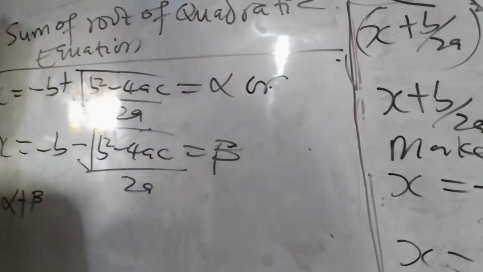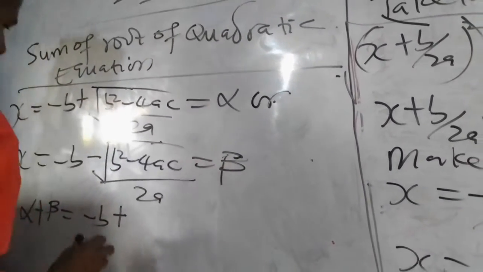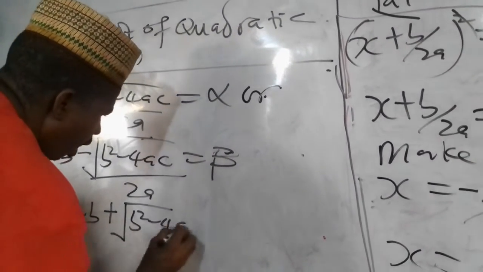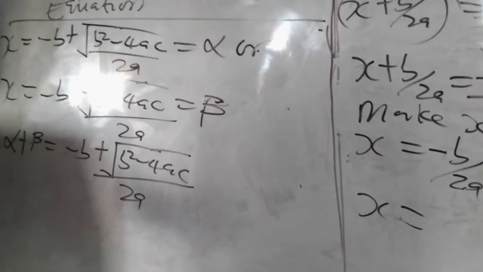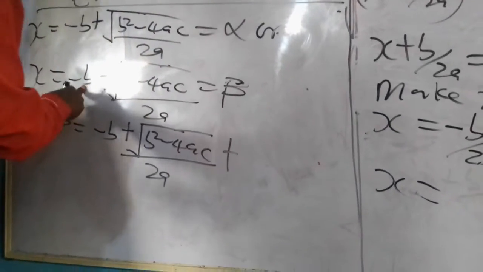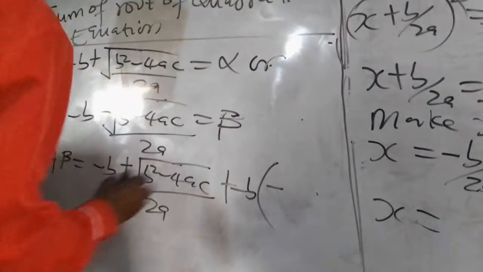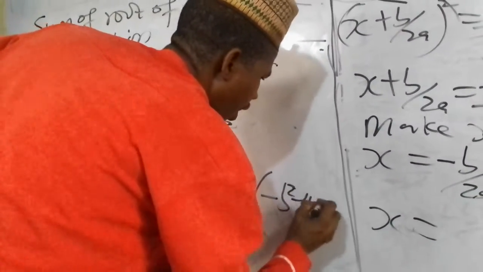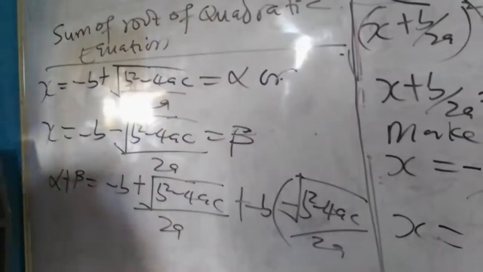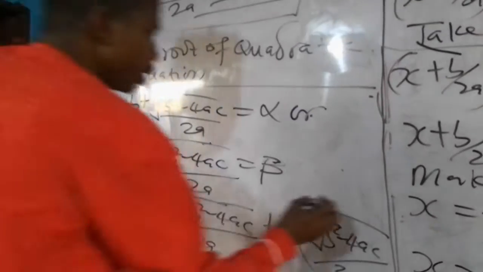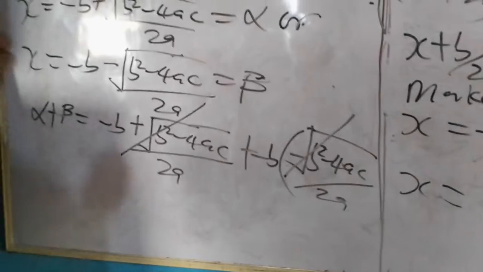Alpha plus beta will now be equal to minus b, positive square root of b square minus 4ac all over 2a, plus minus b, minus square root of b square minus 4ac all over 2a. The square root of b square minus 4ac terms cancel.